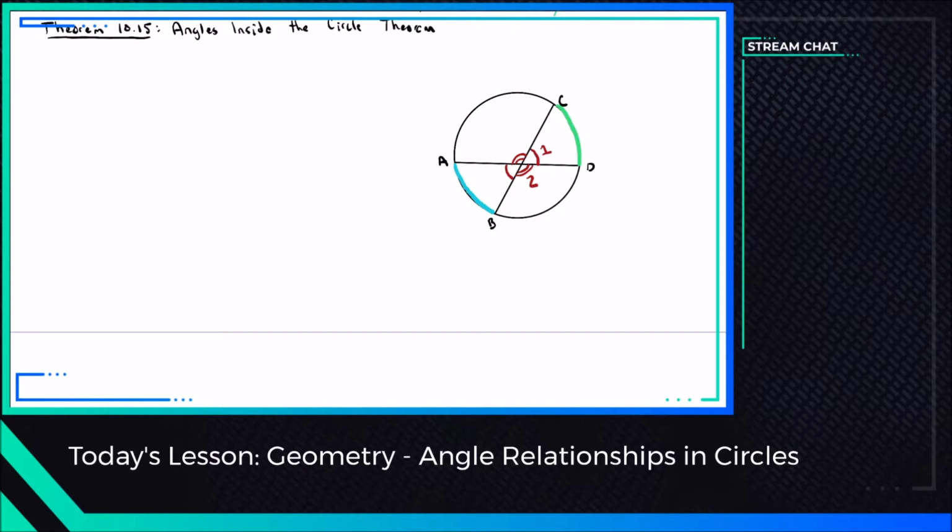And so the measurement of angle 1 is going to actually equal 1/2 the measurement of arc AB plus the measurement of arc CD.